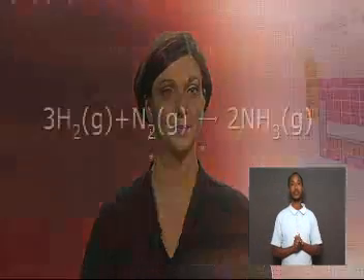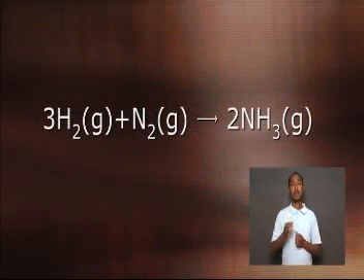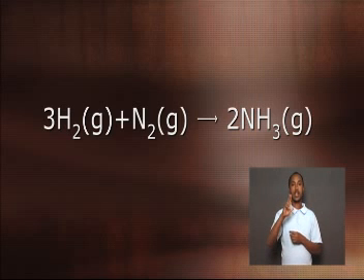Students, let us look at another example. We will determine how much ammonia can be produced when 10 grams of hydrogen reacts with 18 grams of nitrogen. The first thing we have to do is determine how many moles of each reactant are present. We do this by dividing the amount of the reactant in grams by the number of grams of each reactant that are present within 1 mole.